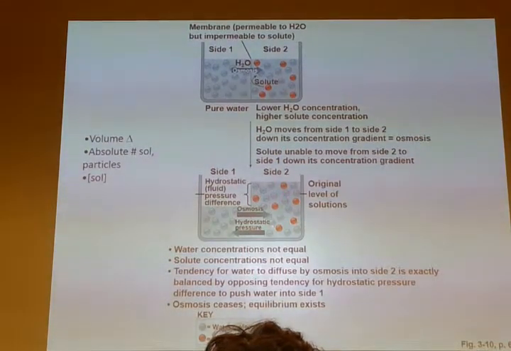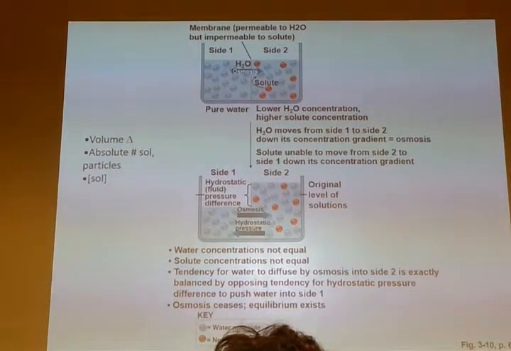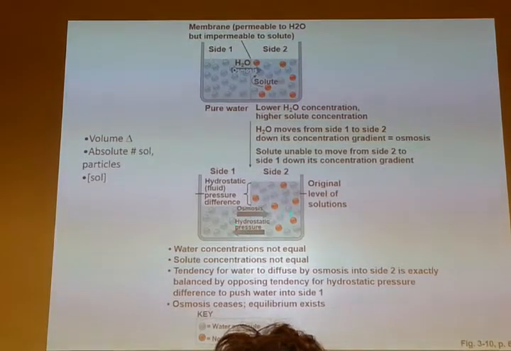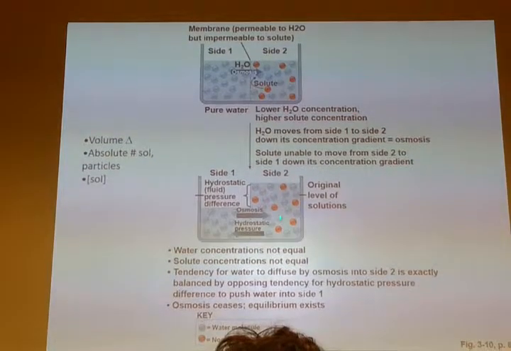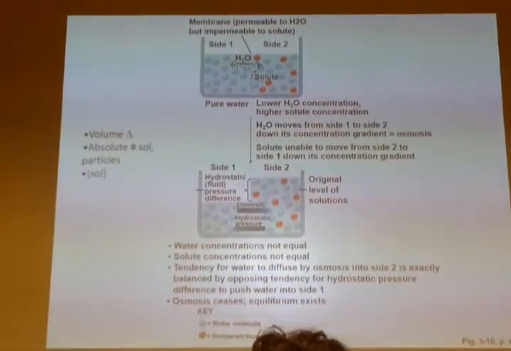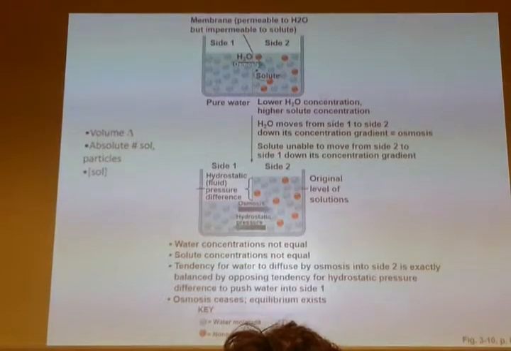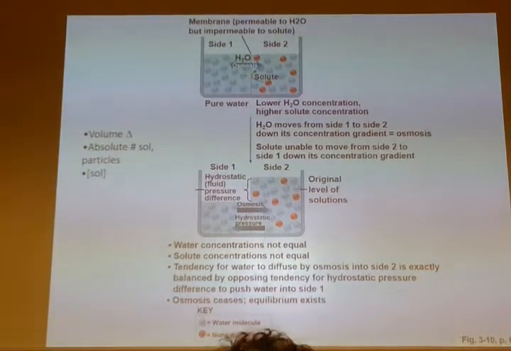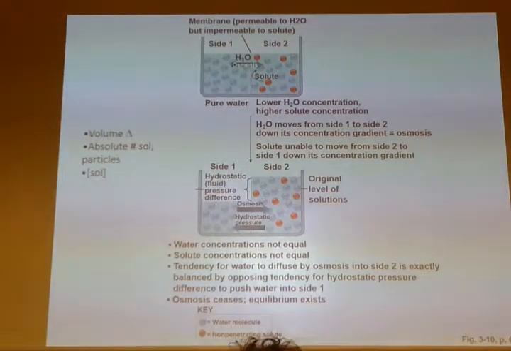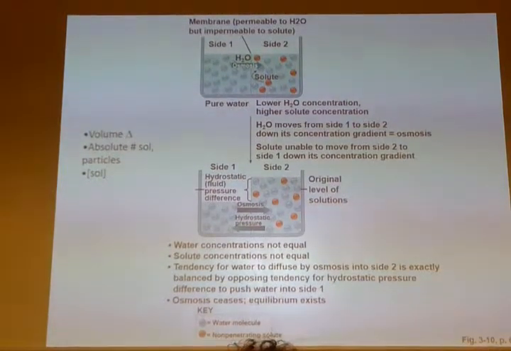When those forces can balance the tendency for water to come to side 2, then net diffusion will stop. So you still have pure water here, but water is now in a higher concentration in side 2. What happens to the solute concentration? Goes down. So even a non-permeable solute, its concentration can still change.